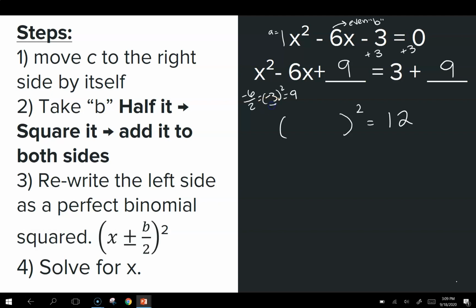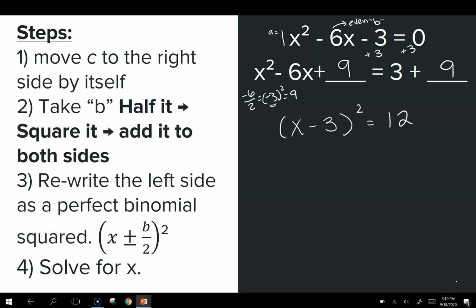The number is what you get when you take your b and cut it in half. So it's going to be x minus 3. Think about it. Negative 3 plus negative 3 is negative 6. Negative 3 times negative 3 is positive 9. So this is a perfect square trinomial, and I reduced it down to the perfect binomial being squared.